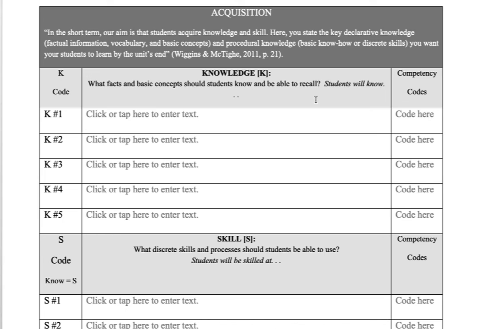For instance, here I might type, students will know that the rate of change equals the change in y divided by the change in x. And then if I have a competency code that is connected to that, I'll go ahead and type it or copy and paste it in there.